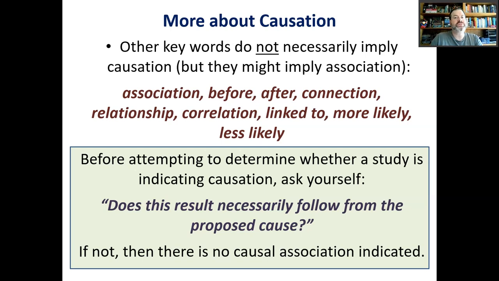But that was just a link. That was just an association. There was nothing in the study that said there was a causal relationship. Or if there is one, that study couldn't show it. That's what's important.